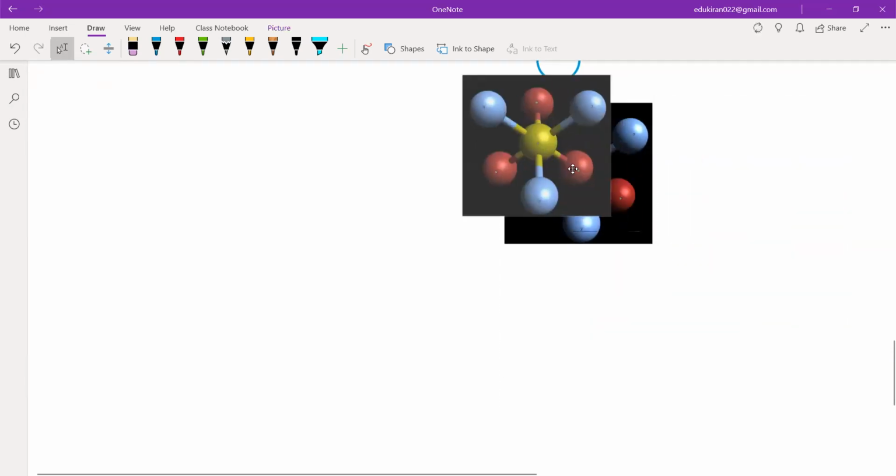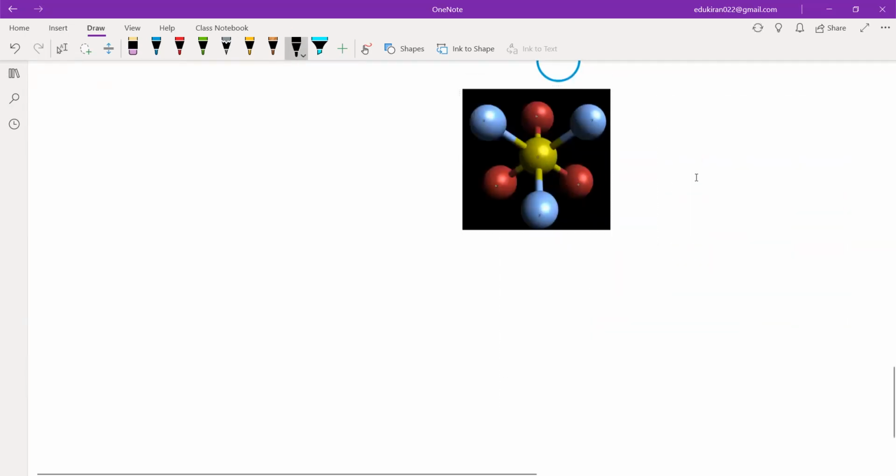So the thing that you have to remember is if you have this type of arrangement, a red triangle upward in one layer, and in the other layer we will have a different type of atoms, and they are making a triangle in the opposite direction.